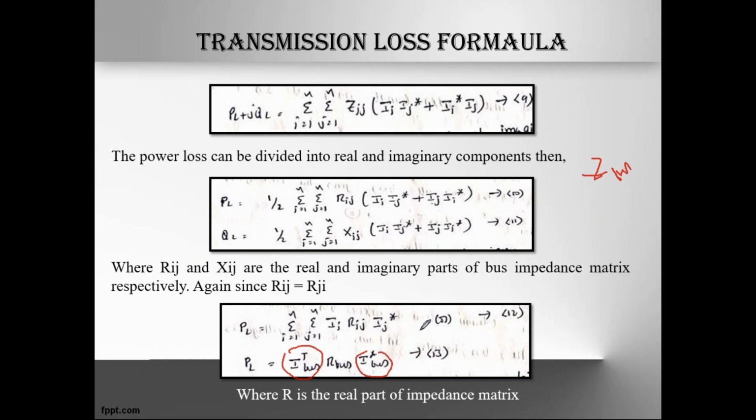Now we have to calculate the current injected to the load. The load is not constant; it has different conditions. Some loads require current I1, some load requires current I2. Finally the total current demand is ID, so the sum of all currents is equal to ID. From this equation we are going to derive the I bus matrix.